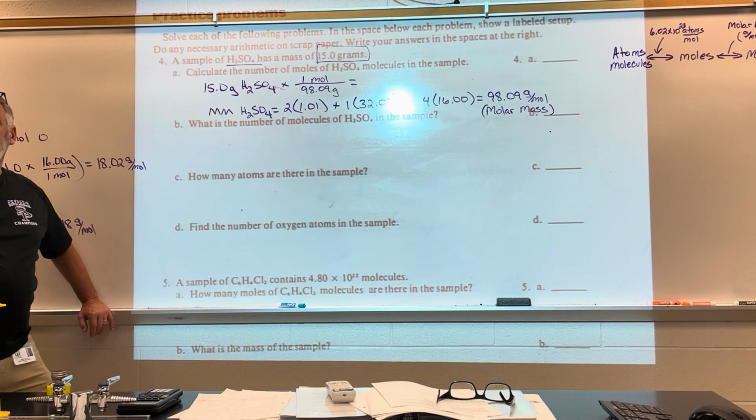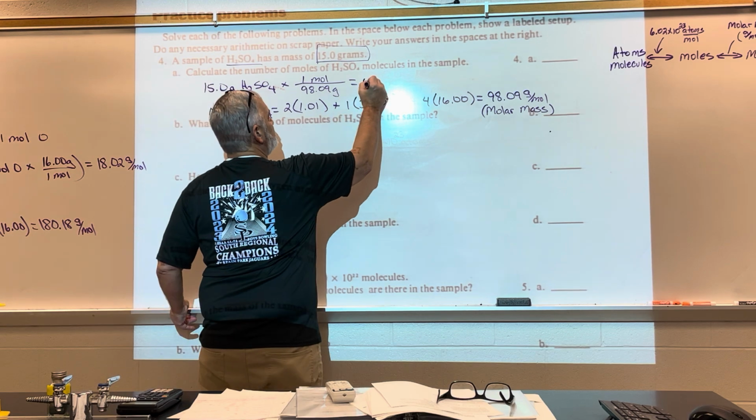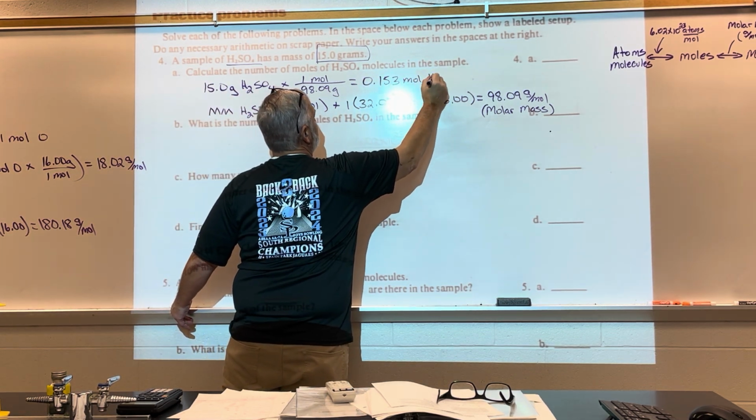So do I have a whole mole? No, I only got 15 grams. A whole mole is 98. I have a little bit more than 15% of a mole. So what do I get? 0.153 moles of H2SO4.